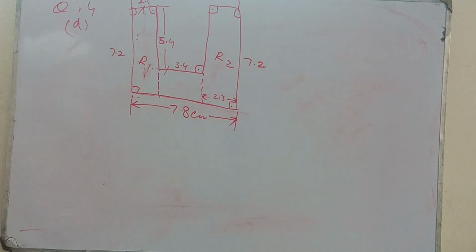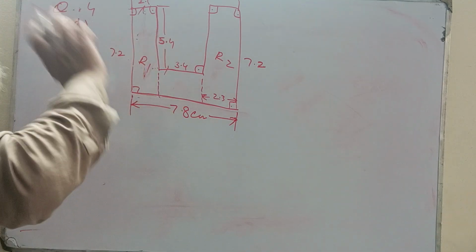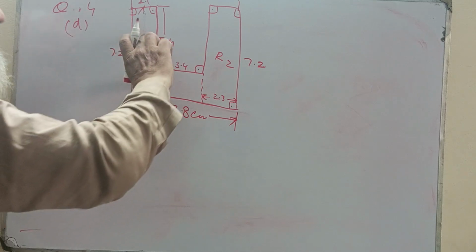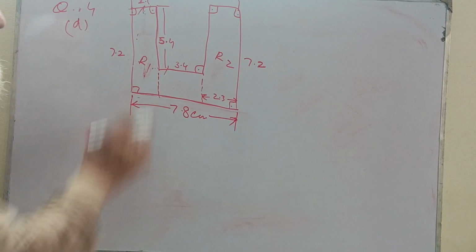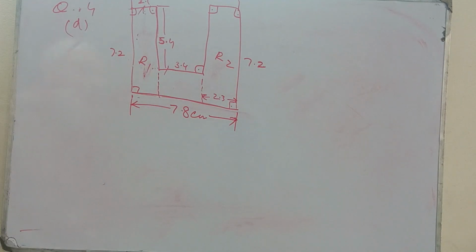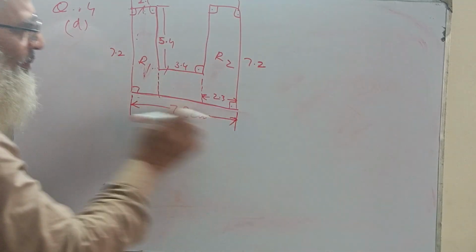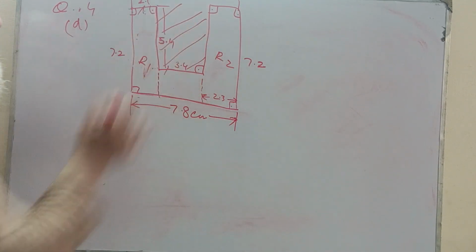Now what will I do? There are two methods of doing this. You can either divide this into three rectangles, 1, 2, 3, or you just find the area of the whole rectangle minus the area of this rectangle, because this piece has been cut out.